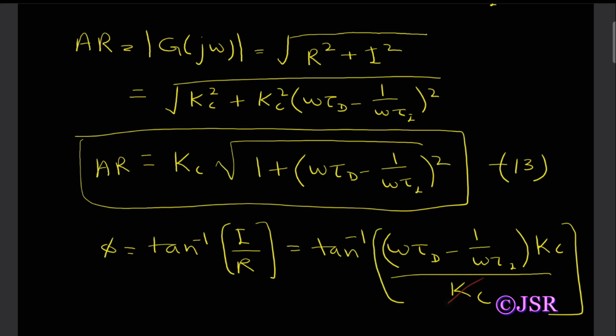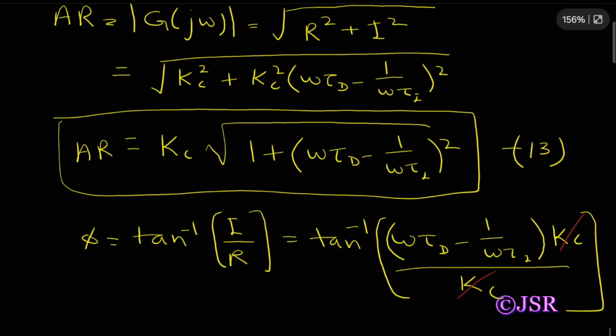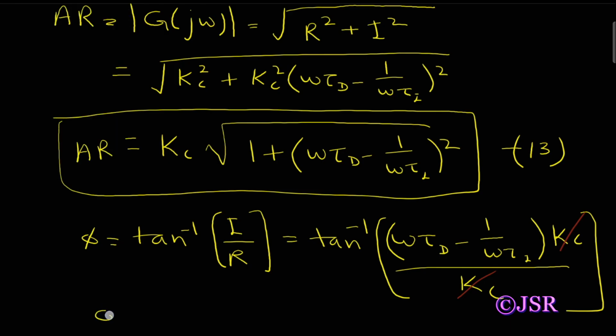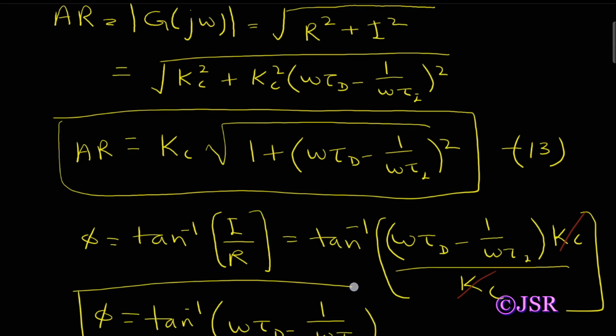So now Kc will cancel out, and we will have the expression for phase shift, that is tan inverse omega tau d minus 1 upon omega tau I, and this is equation number 14.